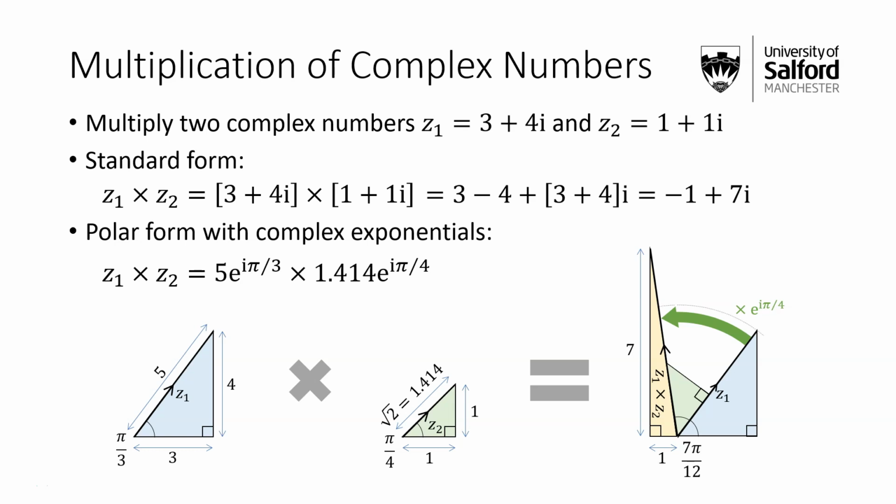Again, thinking of the green triangle operating on the blue one, by mapping that arc length round. So if you did the transform e to the i pi over 4 just on Z1 and that's all you did, it would just come round to the point where that arc intercepts the black line on the left. But actually we've also made it a bit longer because we had 1.41 going in there, and that has extended that line by a factor of 1.41.